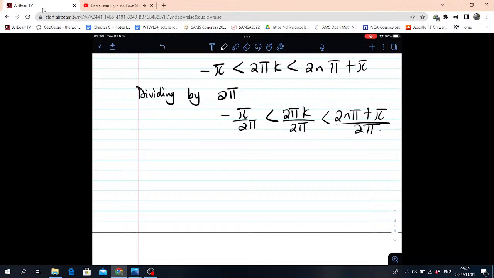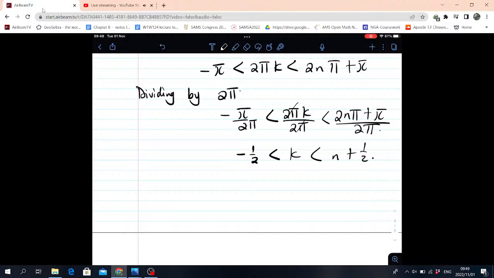So for the left-hand term it would be minus half, less than k in the middle, and then n plus half on the right. In other words, we have shown that k has to be between minus half and n plus half. What does this mean?